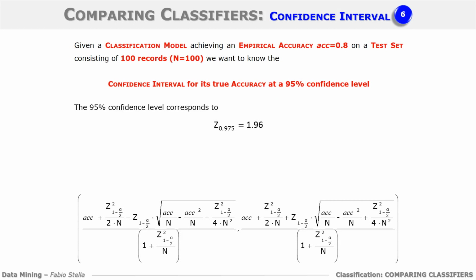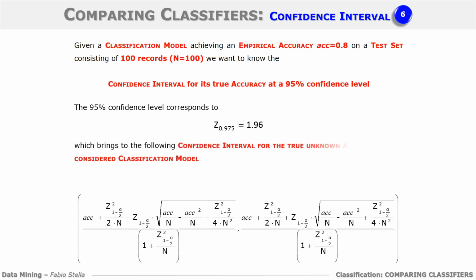In this case, according to what we have shown and derived before, the 95% confidence level corresponds to a value of the quantile z of 0.975, which is equal to 1.96. This value can be obtained from the tables of the normal distribution.